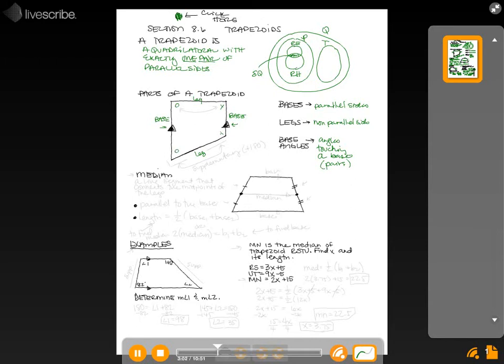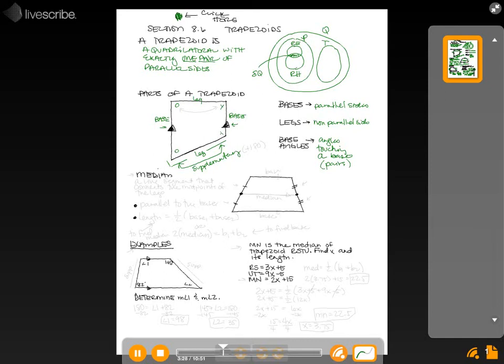Okay, now a big idea, this is really a large idea, pretty much the only one about trapezoids, is that going along one of the legs here, these two angles are supplementary, because they're consecutive interior angles, same side interior angles.